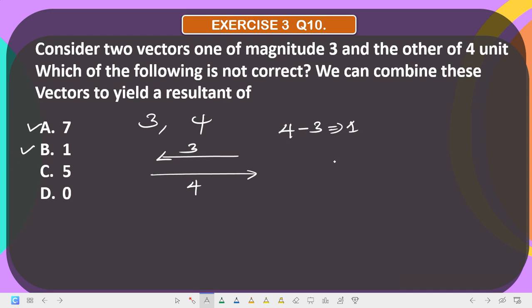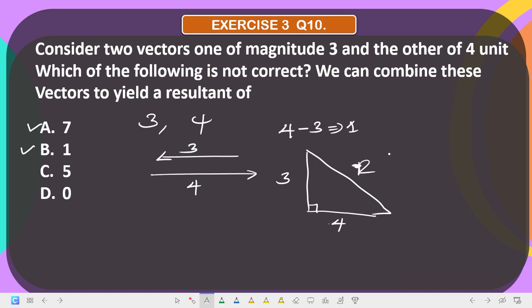Now how about if they are at an angle of 90 degrees to each other? If they are at 90 degrees to each other, they will form a right angle triangle. So this one will be 4, let's say this one will be 3, and this will be what? Now if this is 3 and this is 4, what is the resultant here?